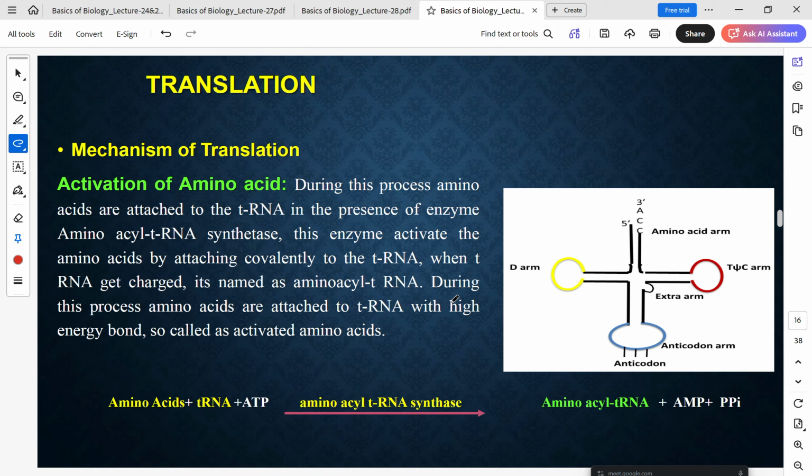First, if we look at the mechanism of translation, the amino acid needs to be ready for addition into the polypeptide chain.